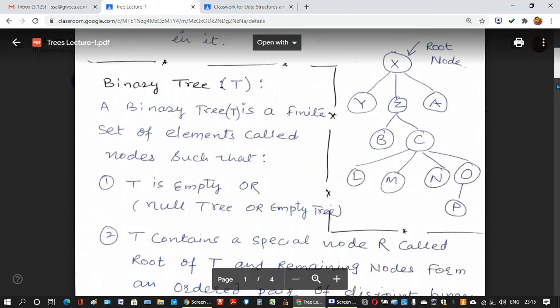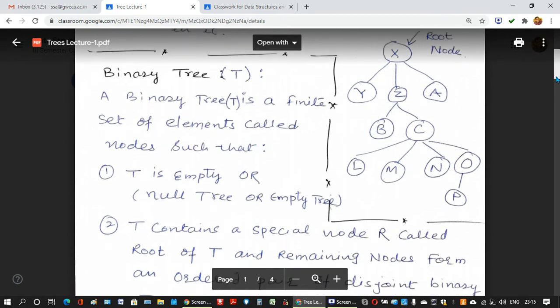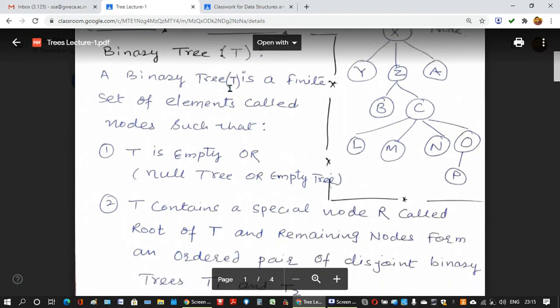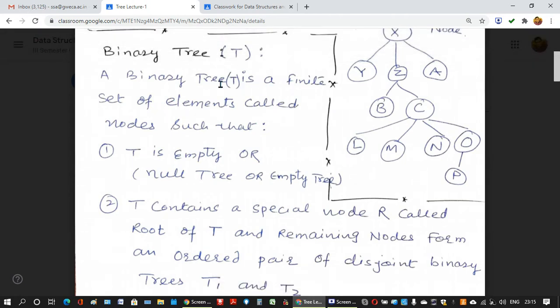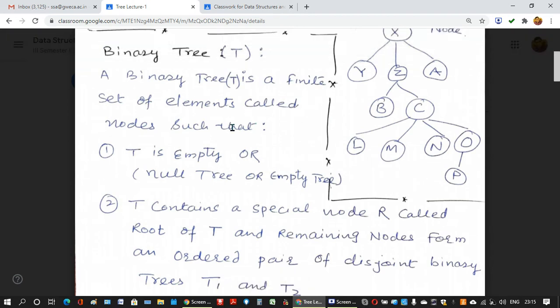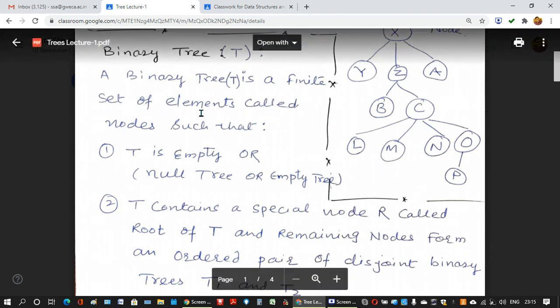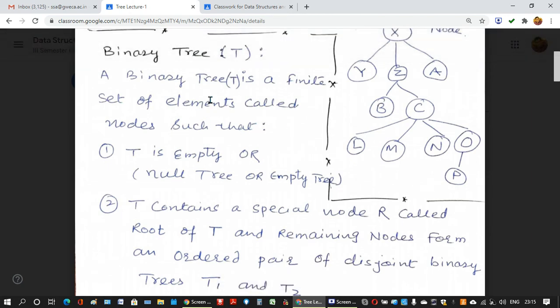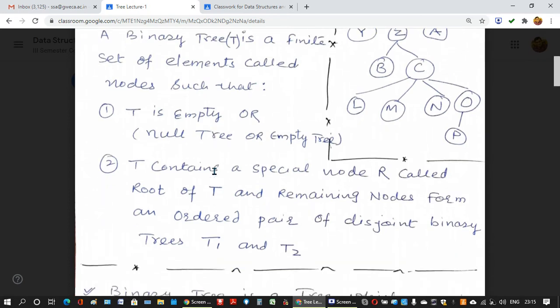But the formal definition, at least we need to see from the examination point of view. So you see here the definition. A binary tree T is a finite set of elements called nodes. So binary tree is nothing but a finite set of elements which are called nodes, such that either T is empty.